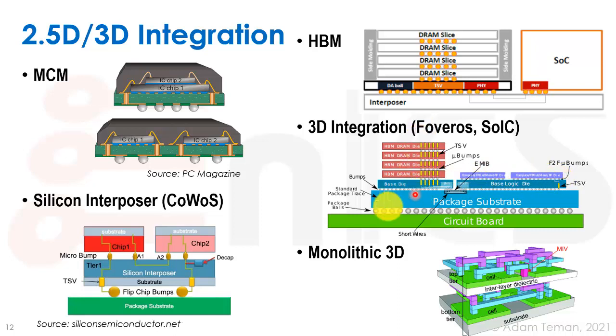So this is really pretty new. It's not used that much, but it's up and coming, and for sure that's the way that a lot of the future things are going to be made, with chiplets and so forth.